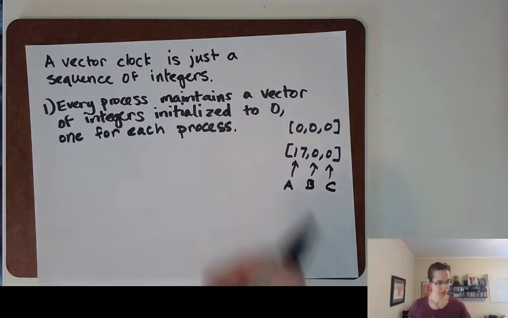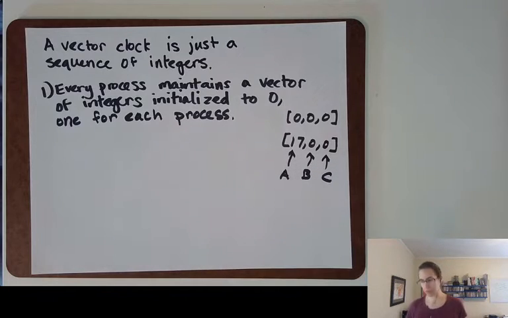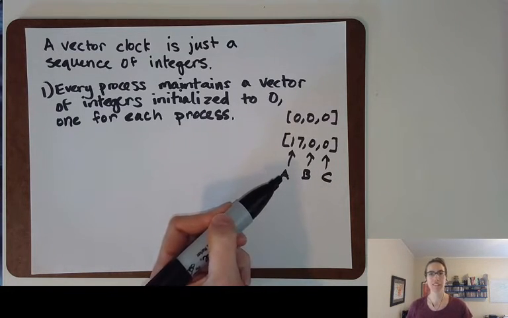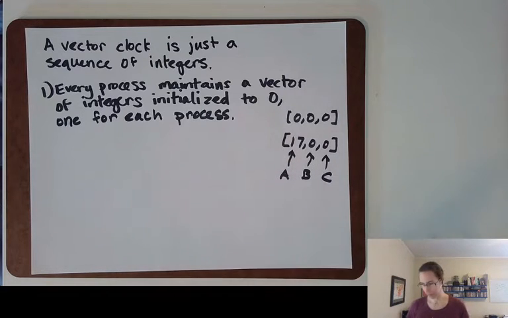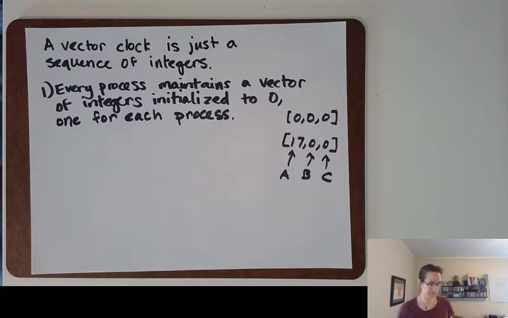So this vector clock of 17, 0, 0 describes a world in which Alice has seen 17 events and Bob and Carol haven't seen any. So this is a more fine-grained understanding of what has occurred than Lamport clocks, right? A Lamport clock of 17 just says 17 events have occurred, but this says something about who's seen what events.